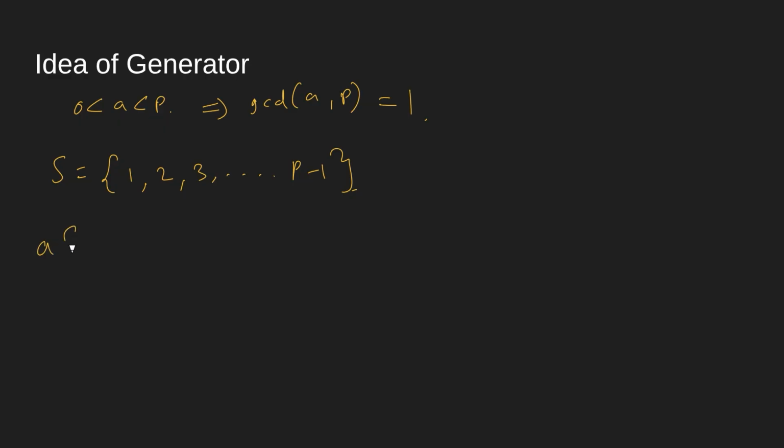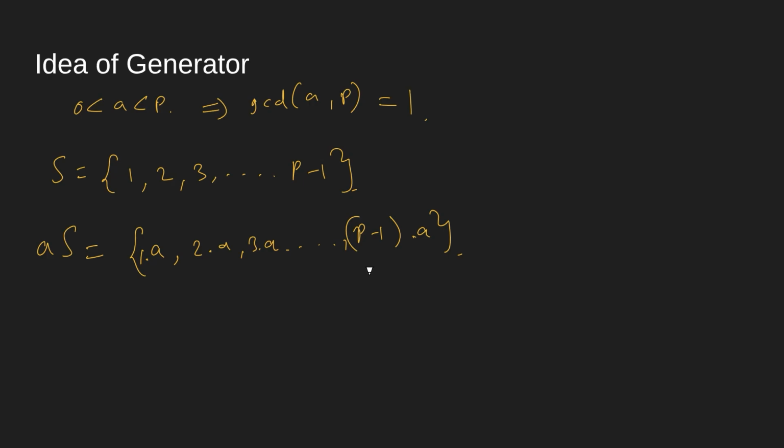Let's consider a different set which is called aS. Here what we do is we multiply every single element by a. So 1 times a, 2 times a, 3 times a, and so on till p minus 1 times a. Now the question is, is every single element of this set unique?